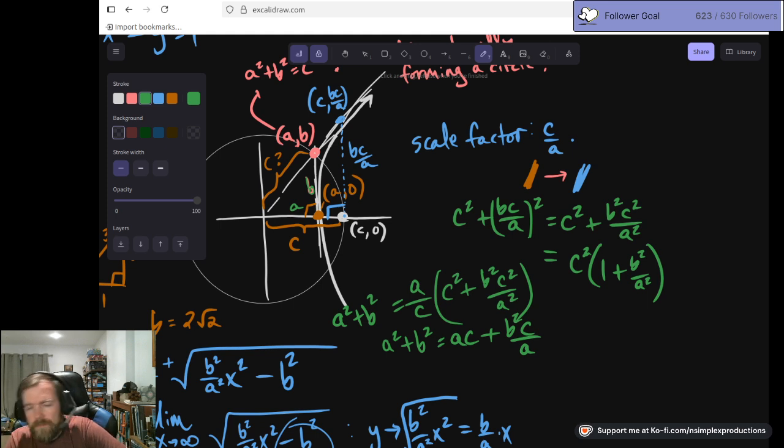No, it's literally just c over a times a squared plus b squared. So yes, that's true, but that doesn't actually prove anything. It just proves that a squared plus b squared is equal to a squared plus b squared. Ooh, wait a minute. Times the scale factor c over a. Okay, maybe we're not allowed to do that.